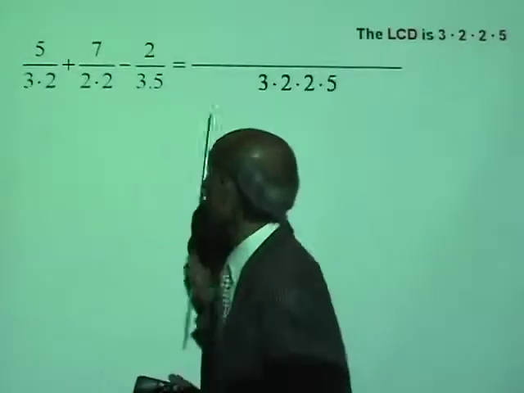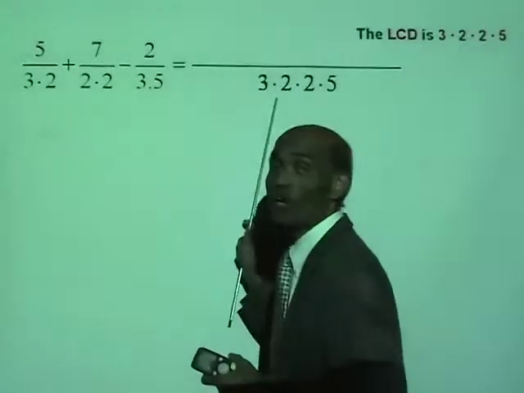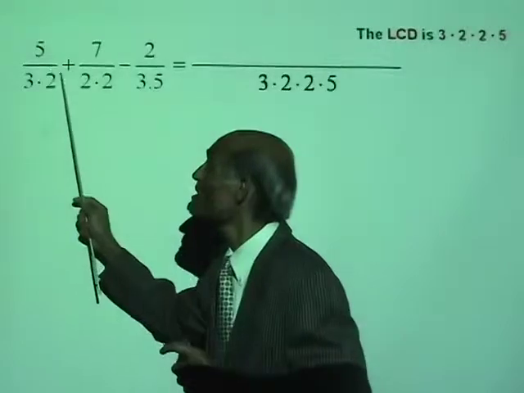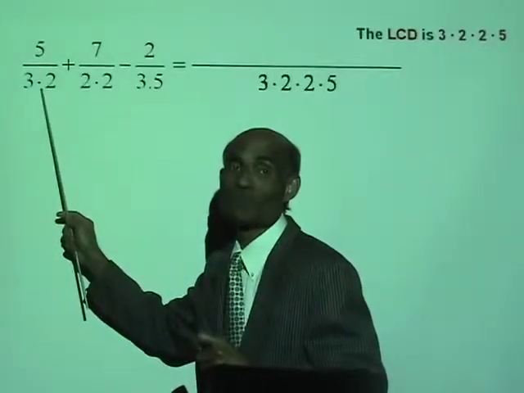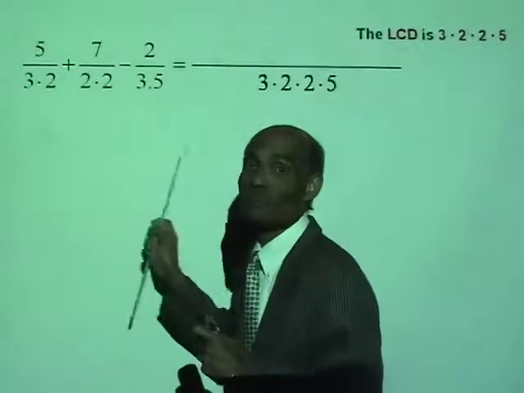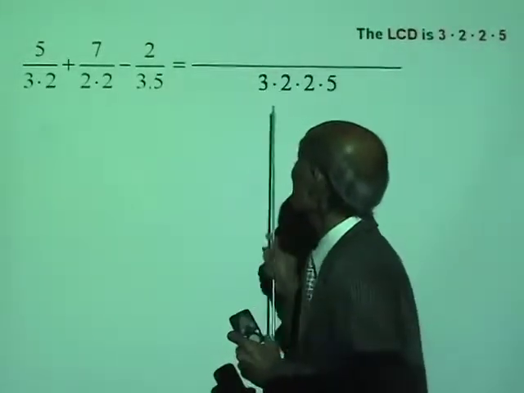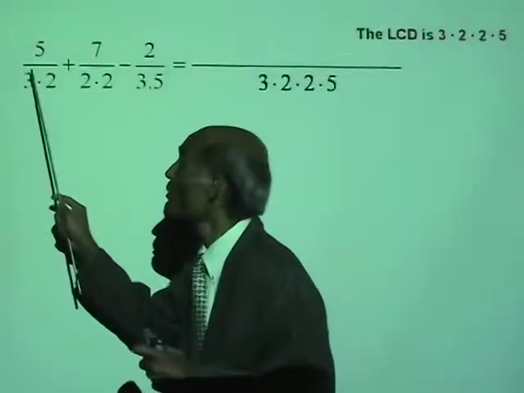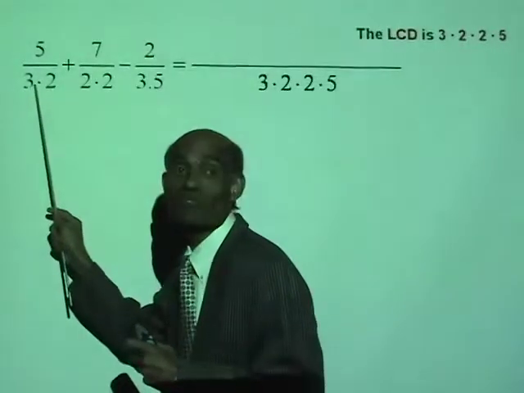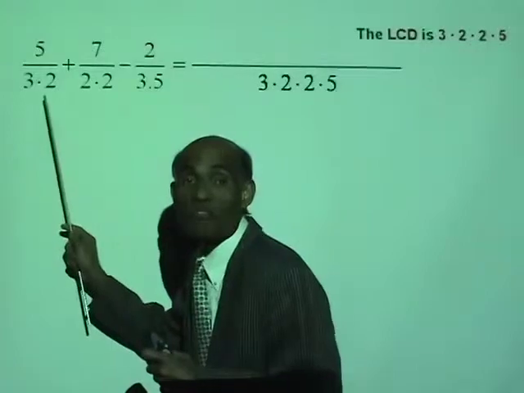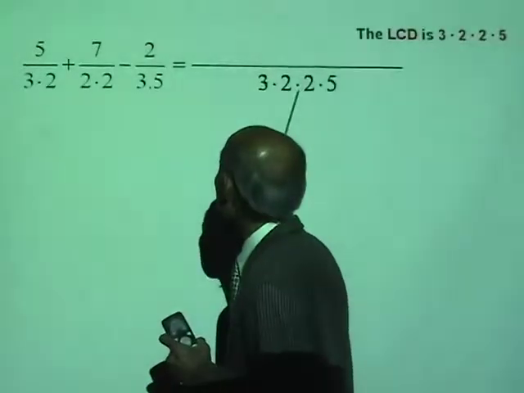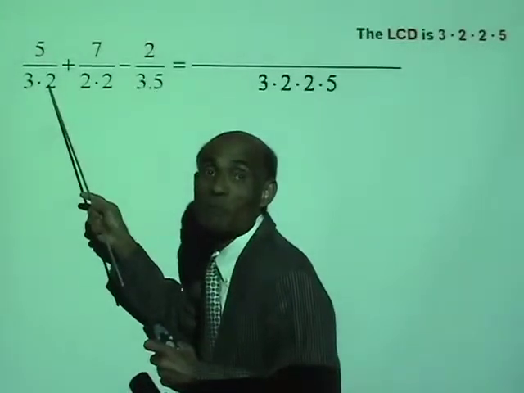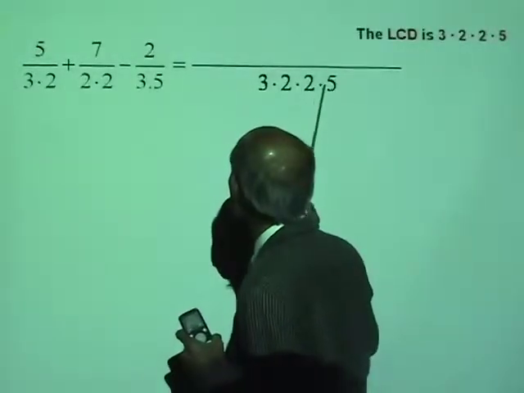Out of this LCD, what are the factors that are missing in the first denominator? Did you understand my question? Look at the LCD: 3 times 2 times 2 times 5. Your first denominator is 3 times 2. What are the factors from the LCD that are missing here? The missing factors are 2 times 5.